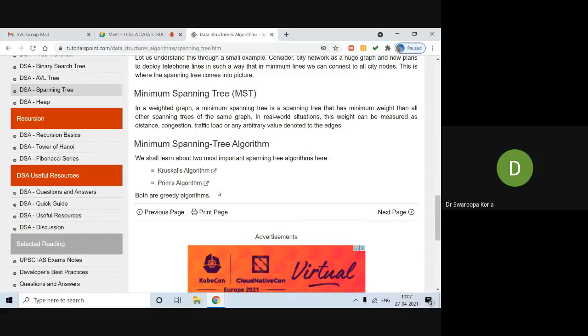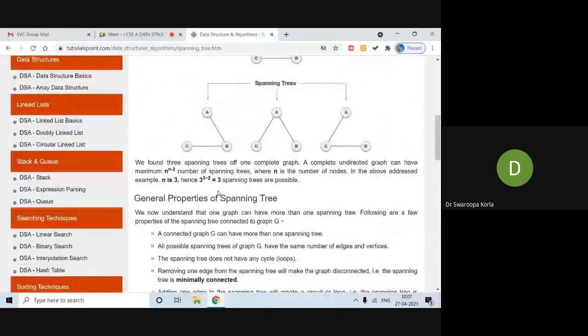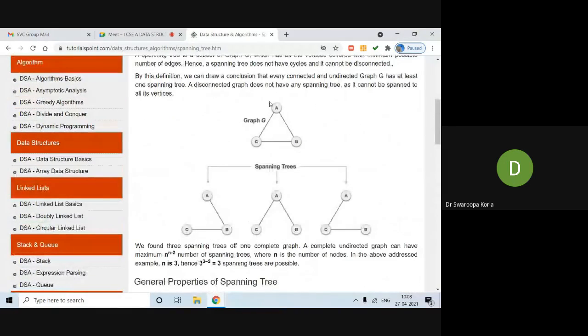A weighted graph is one in which every edge is presented with a weight. For example, consider this graph with vertices A, B, and C. AB is an edge, BC is an edge, CA is another edge. It is an undirected graph.